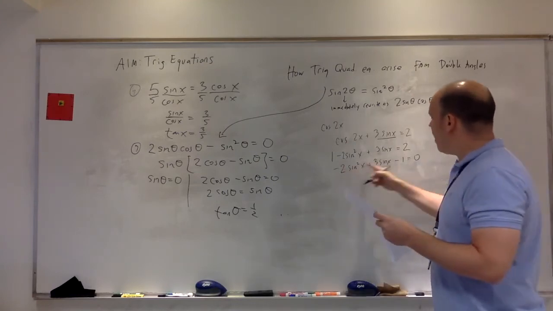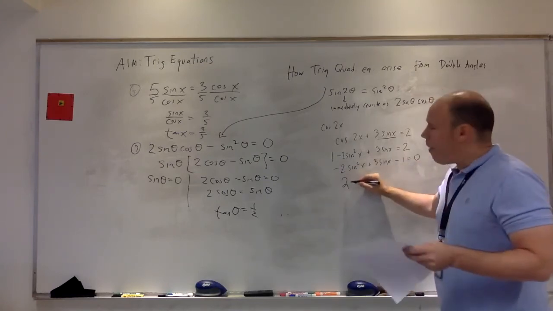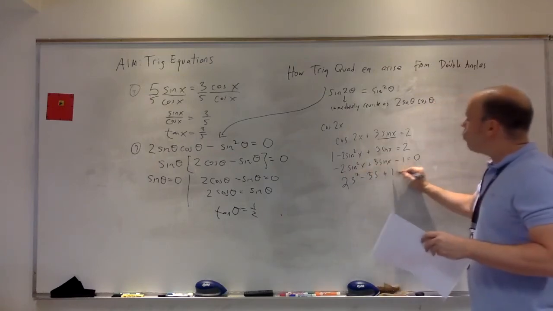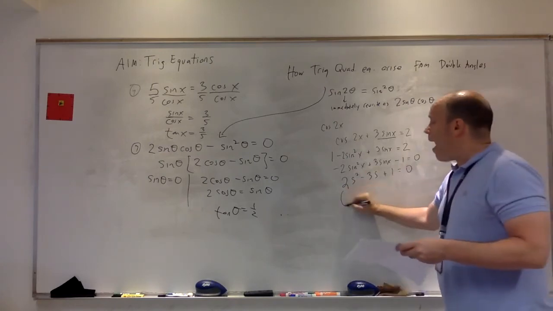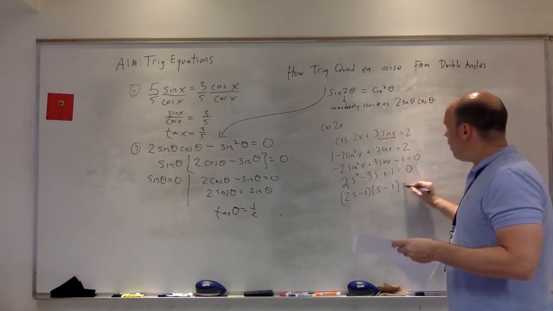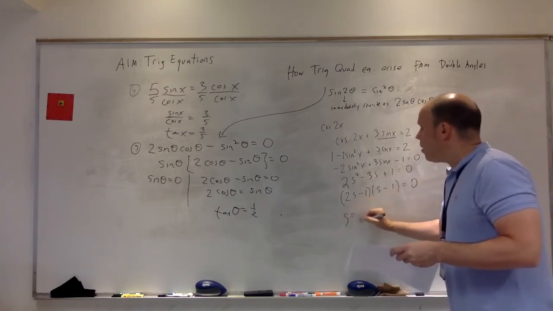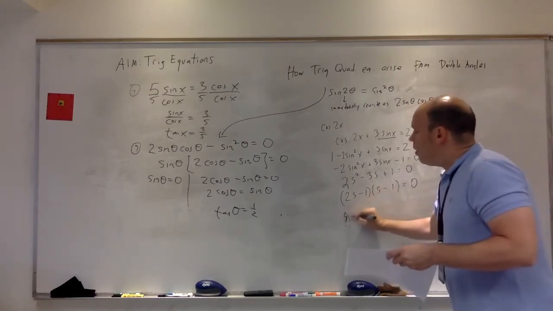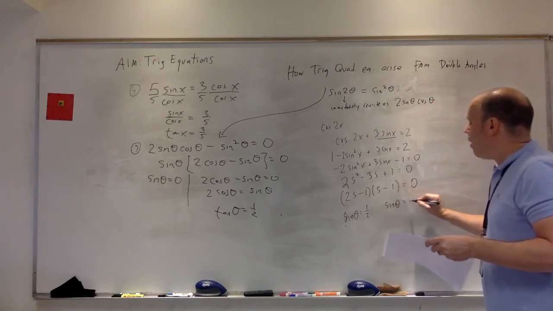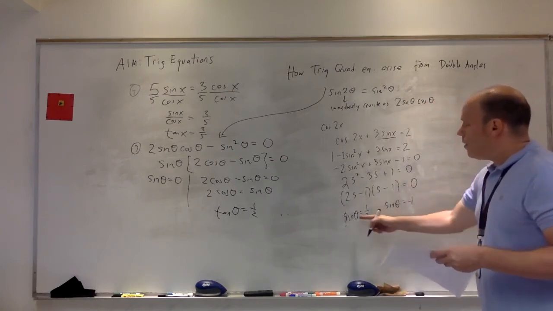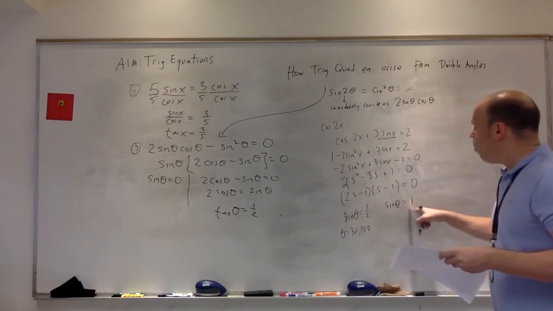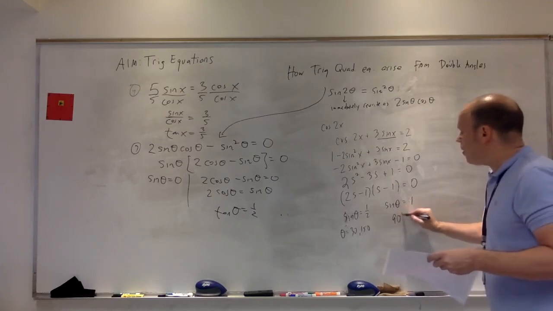I'm going to put the negative through, so we have 2 s squared minus 3s plus 1 equals 0. And this factors into 2s minus 1, s minus 1 equals 0. So the sine of theta equals 1/2, and the sine of theta equals positive 1. This is easy. Theta equals 30 and 150, and the sine of 1 is 90 degrees.